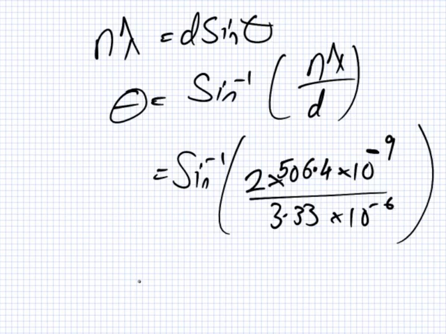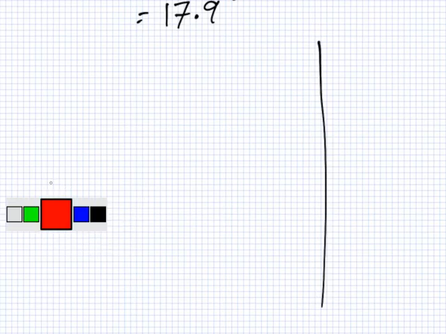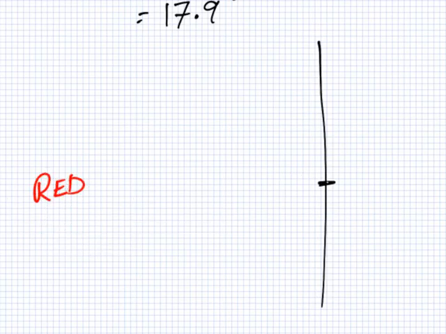Right, what angle did you get, Amanda? 17.9 about. Okay. Which part is same as what? B. Yes. So if you look at what's happened here, when I had the red light and the n is 2, what angle did I get?